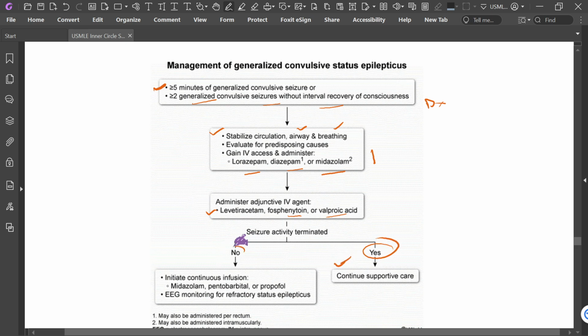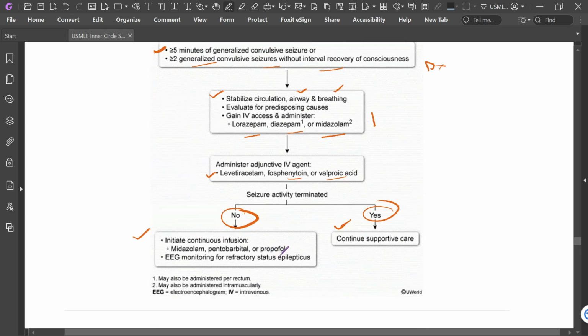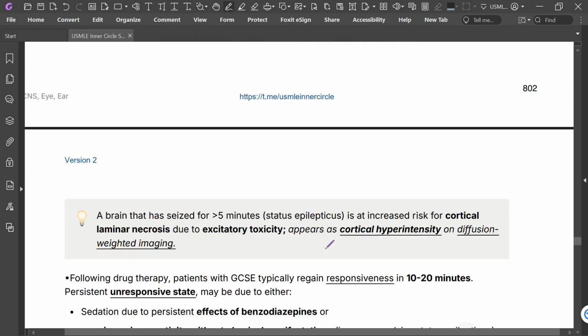If seizure activity is not terminated, initiate continuous infusion of midazolam, pentobarbital, or propofol, and EEG monitoring for refractory status epilepticus.